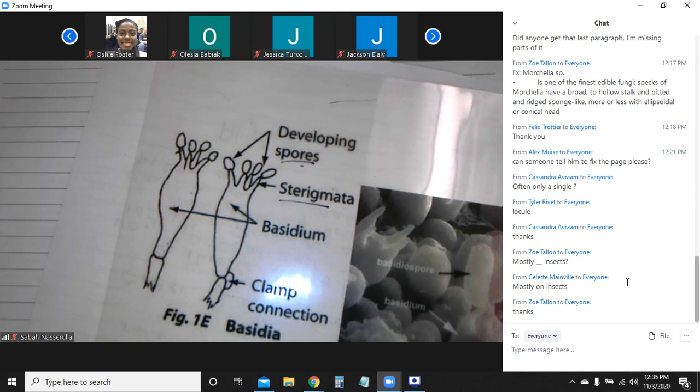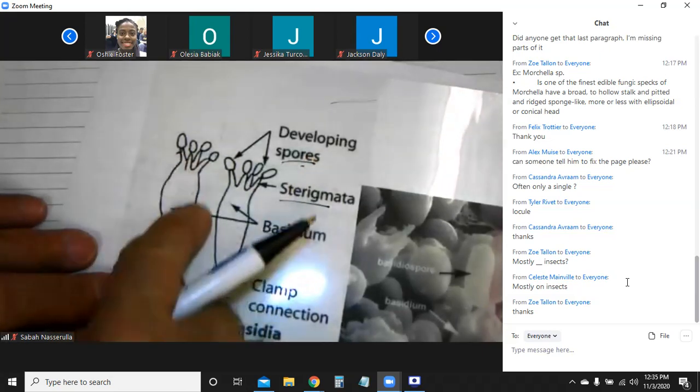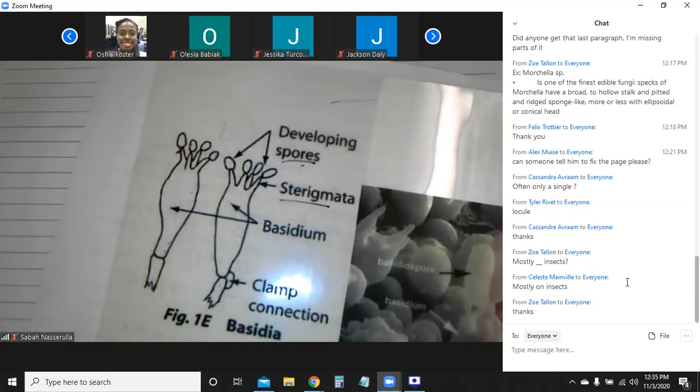Now, this group we're going to group basically on the shape of the basidia. For example, some of them have the basidia all one cell. In this case, we call them holobasidiomycetes. Some produce a basidia that is fragmented into two or three cells, and in that case we call that group phragmobasidiomycetes. Some others produce a different type of two-cell basidia, and we call them teliomycetes.